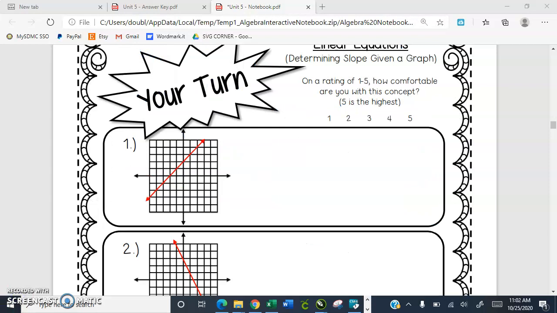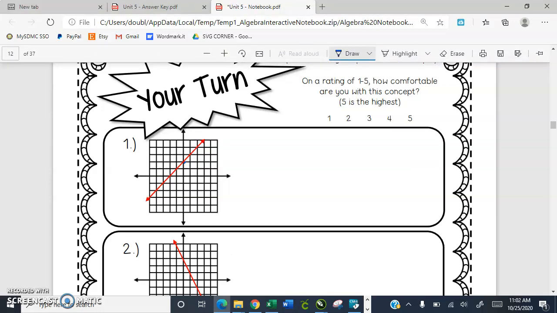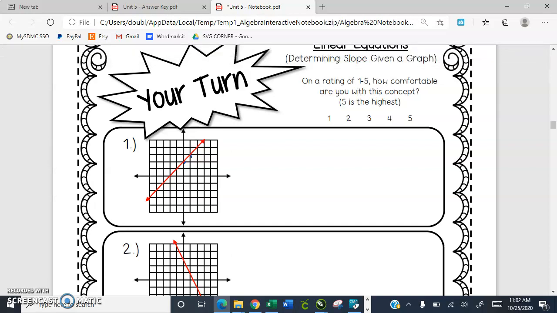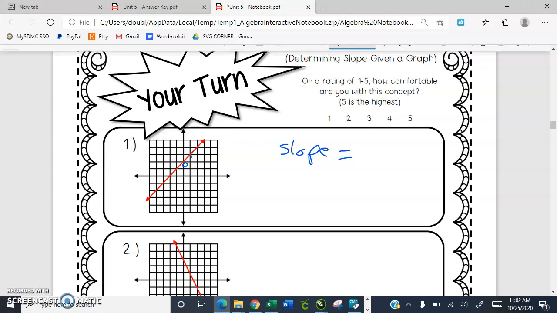Now let's go to our 3 questions. So let's make sure we mark points that intersect. So we have a point right here, and we have a point right here. Now me looking at the graph from left to right, I can see that it's positive. Okay, so I know my slope is going to be positive because it looks like a plane is taking off. So from my lowest point, which is here, how many do I go up?